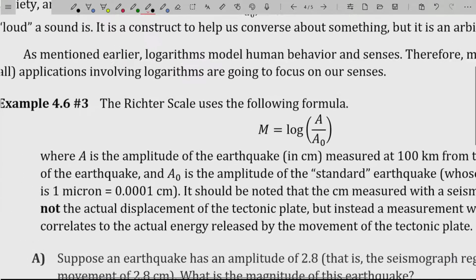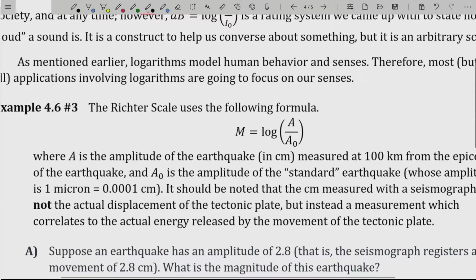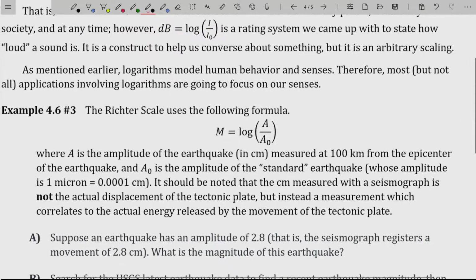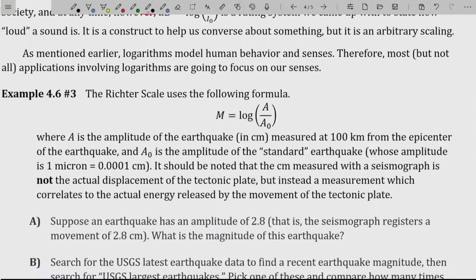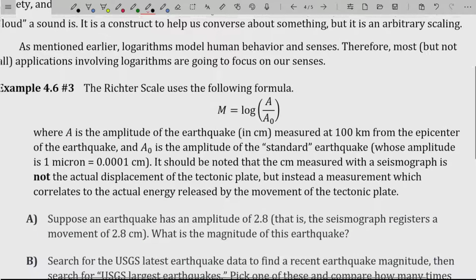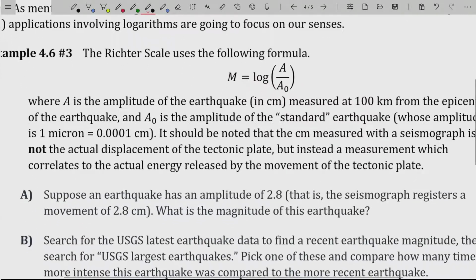Now, let's see. So the Richter scale uses that formula where A is the amplitude in centimeters measured at 100 kilometers from the epicenter. And A naught is the amplitude of the standard earthquake, whose amplitude is 1 micron, which is 1/10,000th of a centimeter. It should be noted that the centimeter measured with a seismograph is not the actual displacement of the tectonic plate.